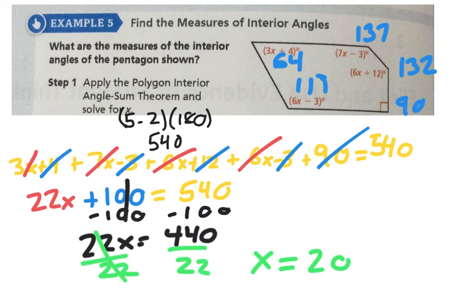So we don't know what number angle they are, so we could put angle number one. Like on the last one, they were numbered for us. So if you were working the problem for me, you could number them yourselves: 1, 2, 3, 4, 5. But we don't have vertexes named.